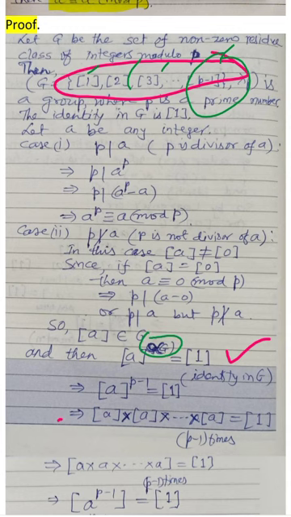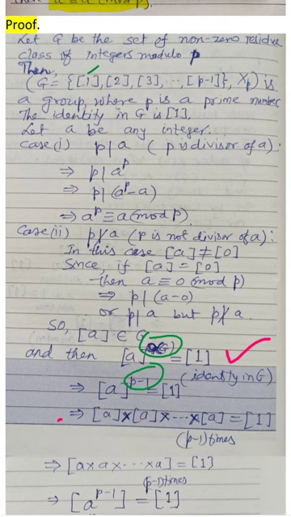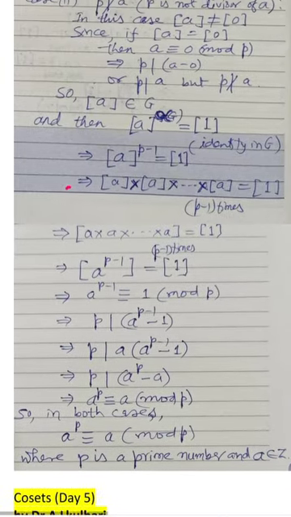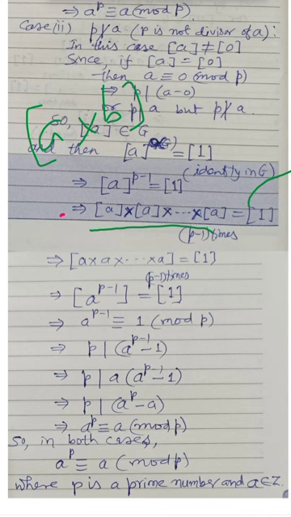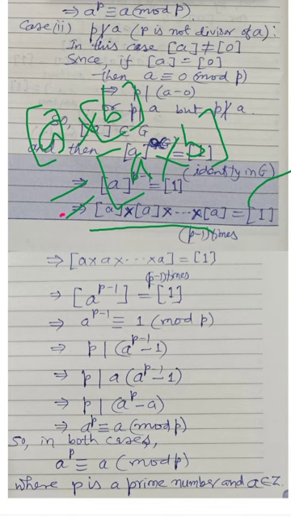So for this order of G we can write P minus 1, and by the definition of class power rule, this class A P minus 1 times equals class 1, and by the definition of product of classes, class A and class B equals the class of the product of integers.